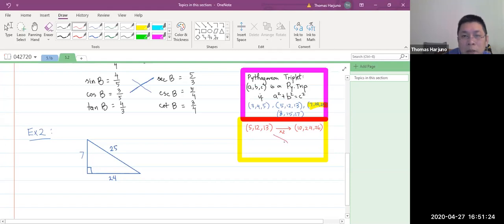Suppose I multiply by 4, then you will see that 20, 48, 52 is also a triplet. Even if I divide by 10, which is the same as multiplying by 1 over 10, then 0.5, 1.2, 1.3 is also a triplet.